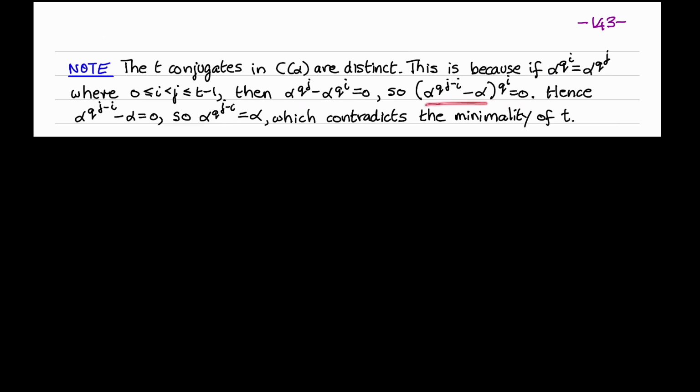Hence, this term must equal 0. And alpha to the power q to the power j minus i equals alpha. But j minus i is positive and less than t. And so this equation contradicts the minimality of the integer t. Hence, the set of conjugates of alpha has size exactly t.